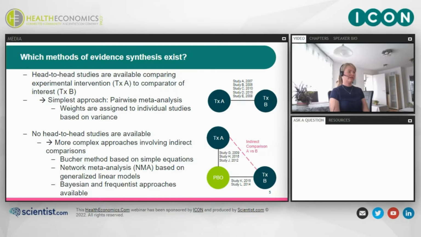If we have studies comparing treatment B to placebo and treatment A to placebo, but no studies comparing treatment A and B directly, we would then use a method for the indirect comparison. So there are both frequentist and Bayesian methods available, such as the frequentist Bucher method or network meta-analysis, which exists both in a Bayesian and frequentist context.